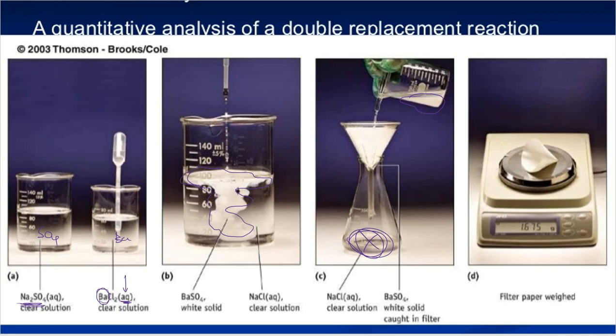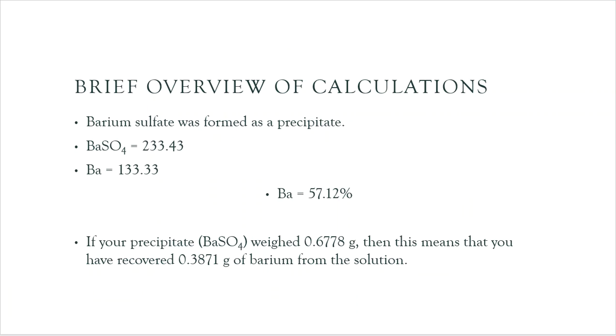All right, so in this example, a little bit of math review. Barium sulfate, that stuff that we precipitated out, has a formula weight of 233.43. The barium inside of this compound, that's only part of it, weighs 133.33.